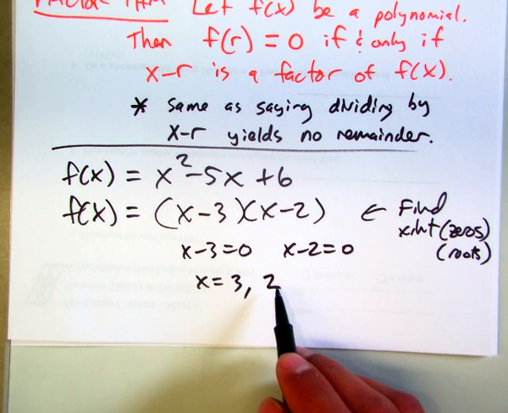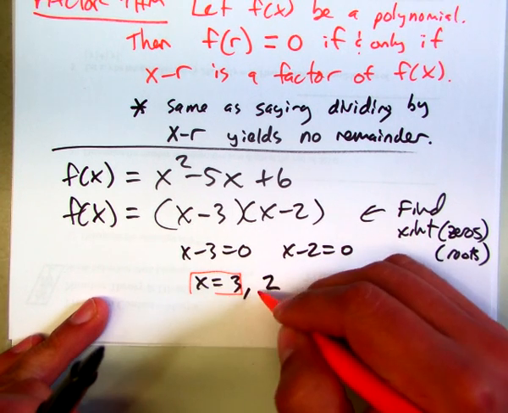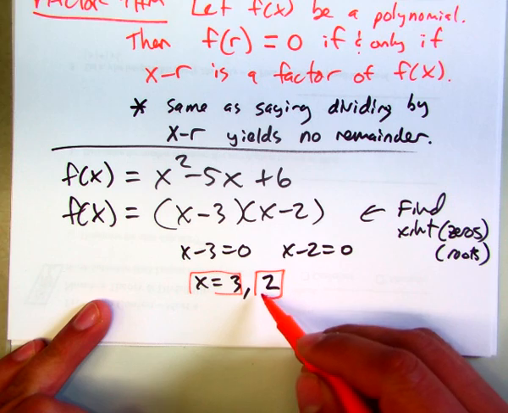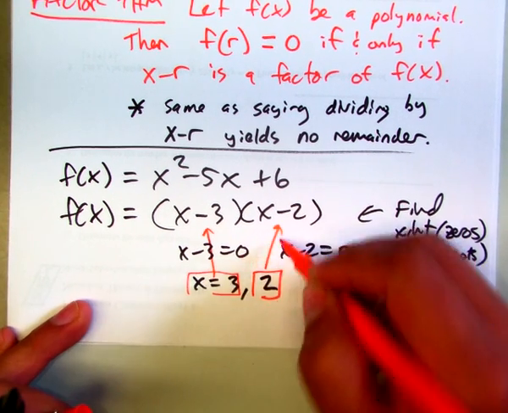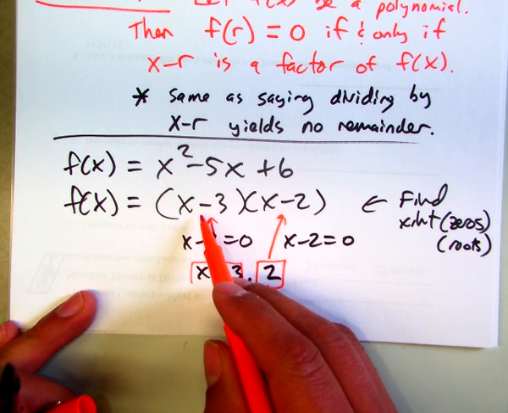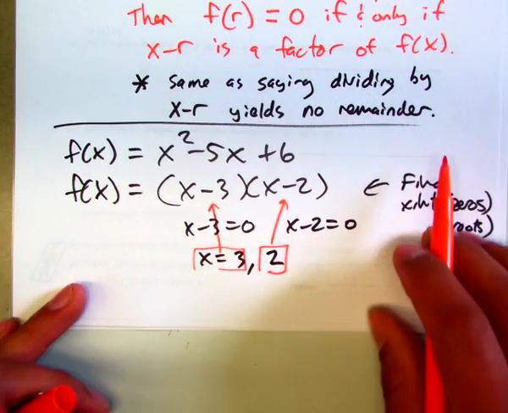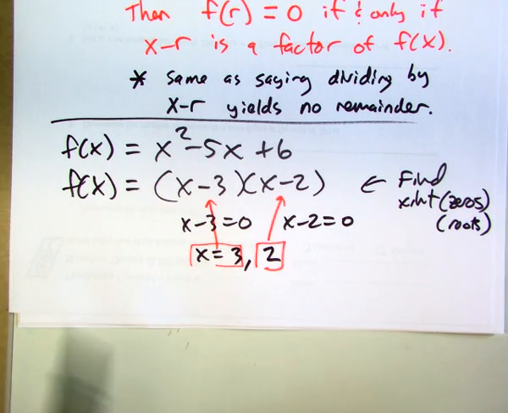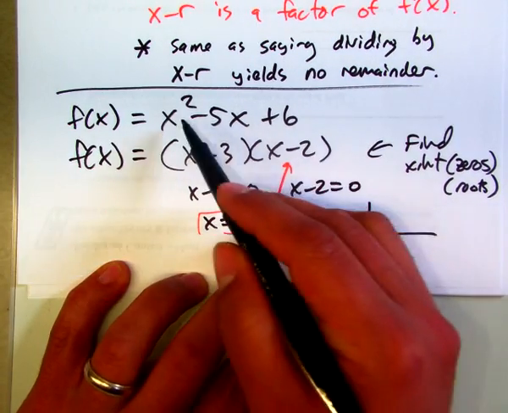So all we're doing is going backwards. If I know that x equals 3 and x equals 2 are intercepts or roots or zeros, I should be able to go backwards and say that had to have come from a factor that looked like this. Does that make sense? Let's pretend that we don't know what this looks like.